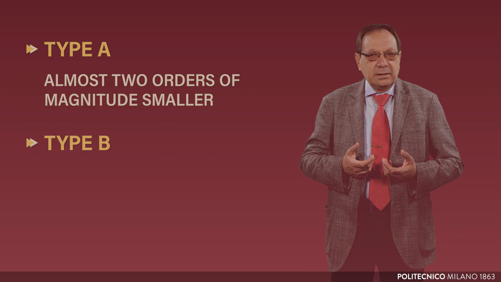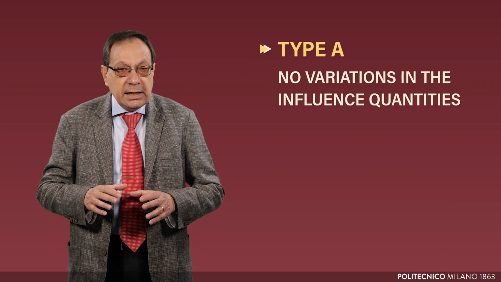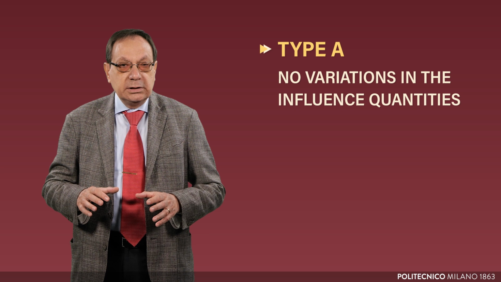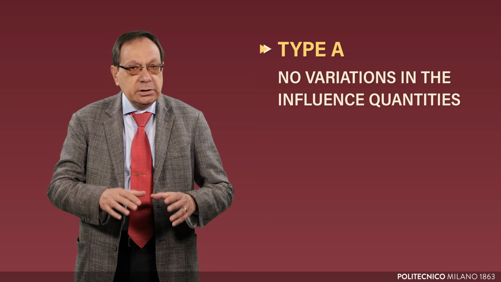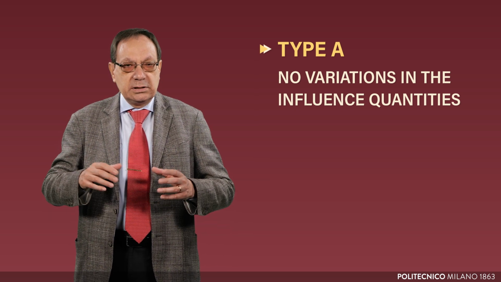Why is that? The answer lies in the different set of information we have considered. When we used the type A method, we repeated the measurements under the same conditions in a short period of time and without any variation in the influence quantities such as temperature, humidity, supply voltage, and so on.